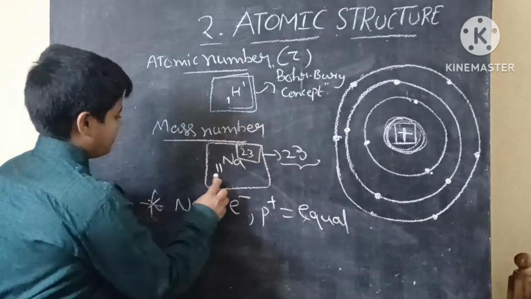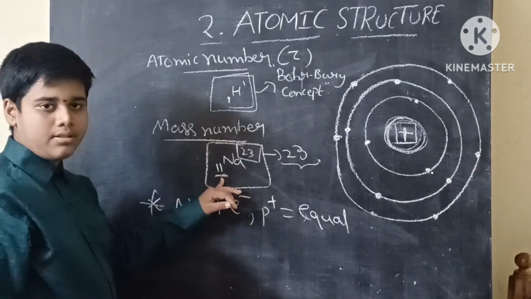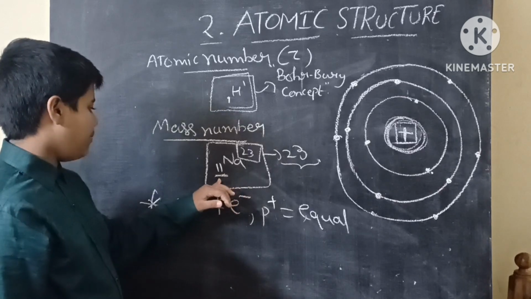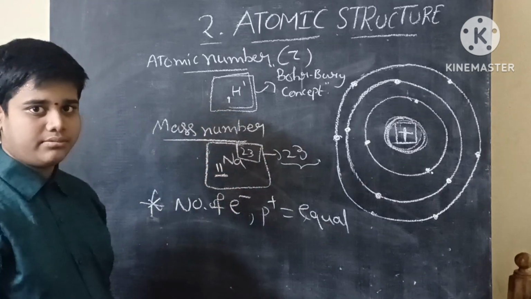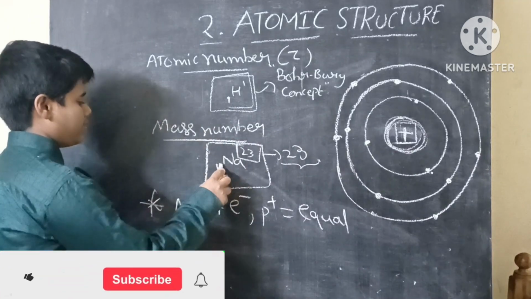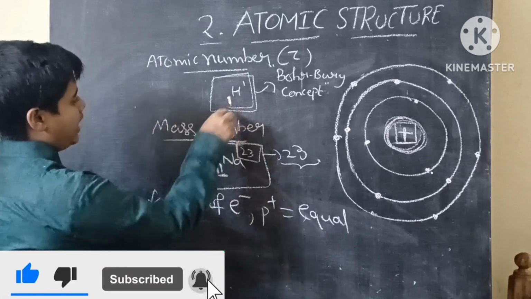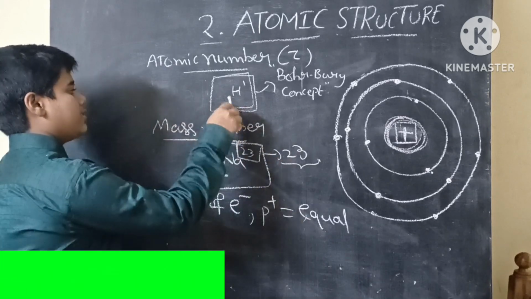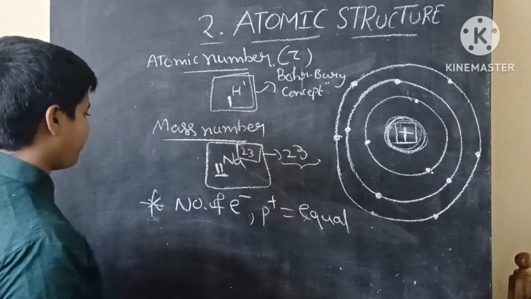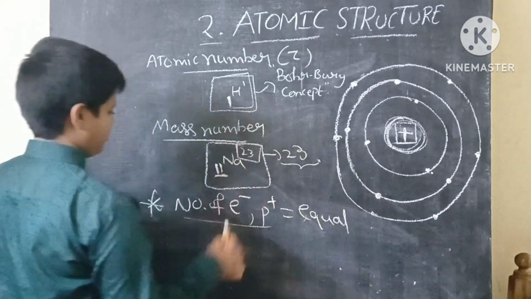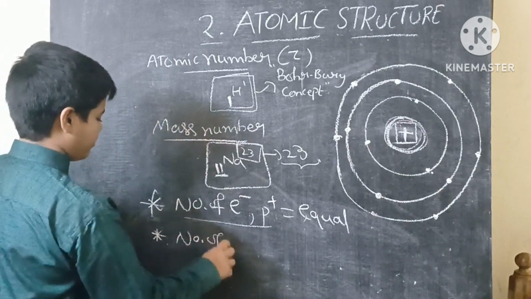If I tell here atomic number is equal to electrons, which means 11 electrons are there, and another important, 11 protons are also there. So in this, if I take 1 as the atomic number, 1 electron is there, 1 proton is also there. Okay.